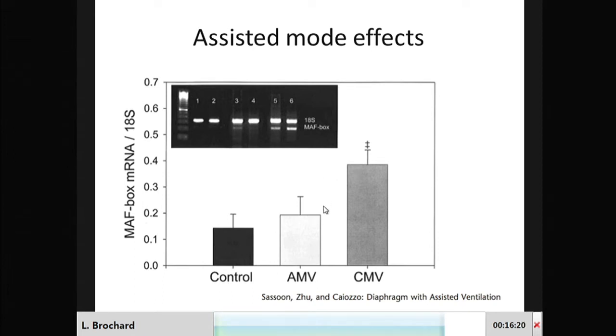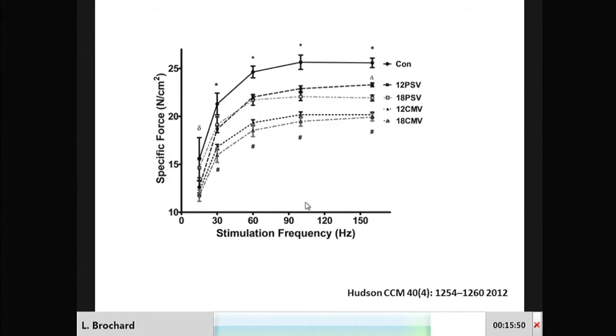What was very interesting and attractive for us clinicians was that if you use some kind of assisted ventilation, which means the animals are triggering, are breathing a little bit, there is much less disuse atrophy. So maybe most of us say, well, this is good, we don't have to worry so much about what's happening in our ICU because we often use assisted ventilation.